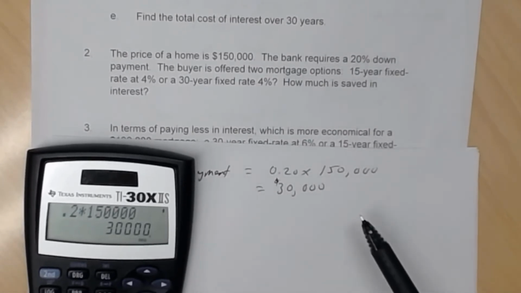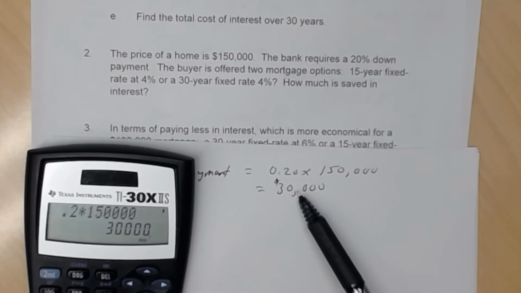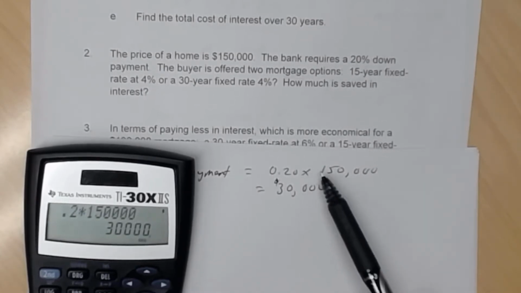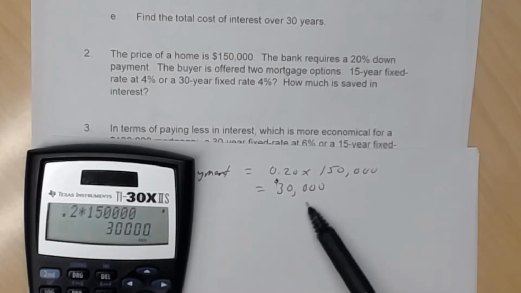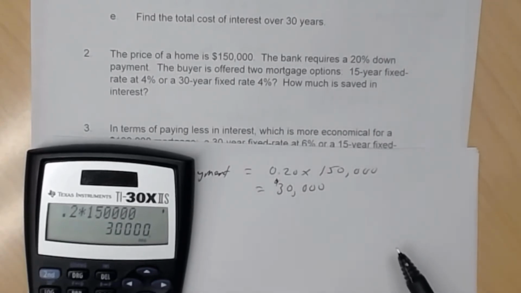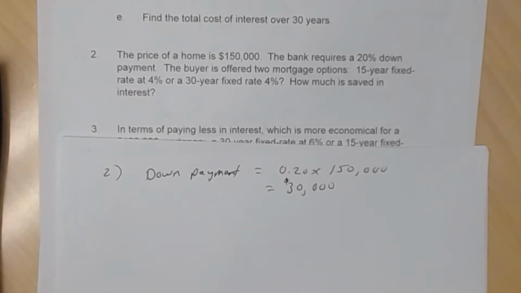Just keep in mind there are options out there. So don't let this example keep you from buying a house. You can talk to the lender. You can do many things with all these fees that you have to pay and these down payments. You can put some of that into the loan amount. Okay. All right. So that's your down payment.